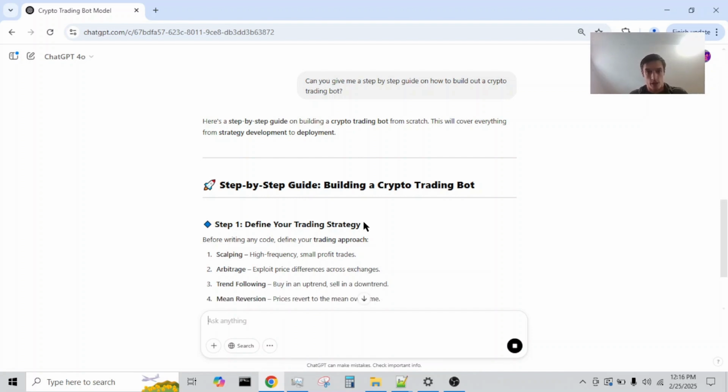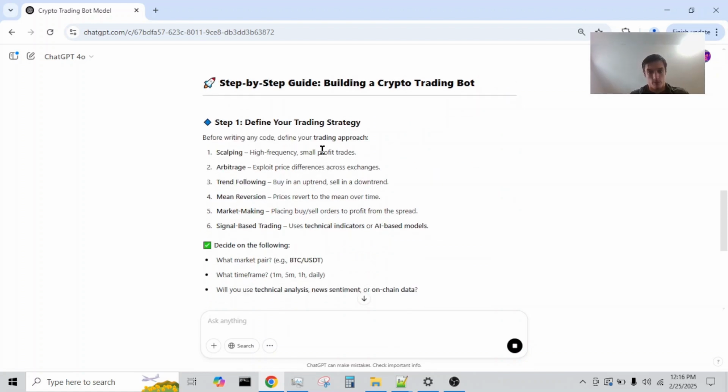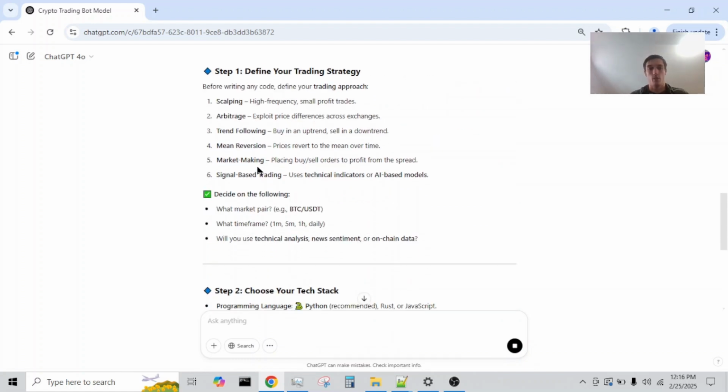So it's going to want us to define our trading strategy, of course. What are we going to be trading? Pairs, market pairs. So I think we will want to trade Bitcoin and Ethereum at first. We'll do a lot of back testing on Bitcoin and Ethereum with a stablecoin as the pair.